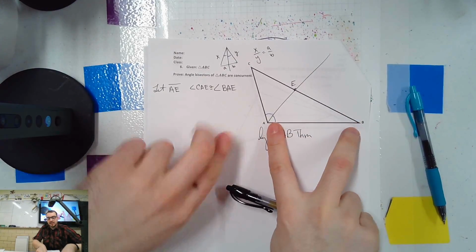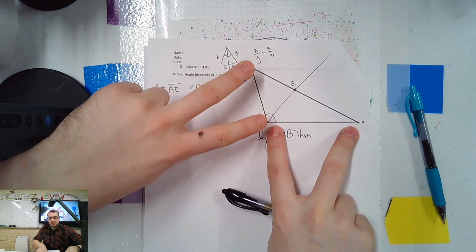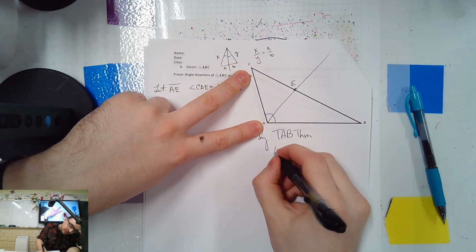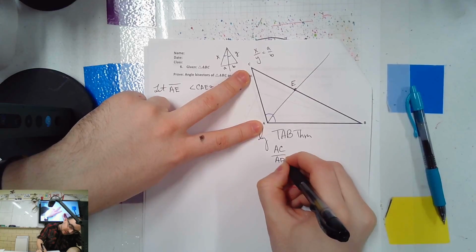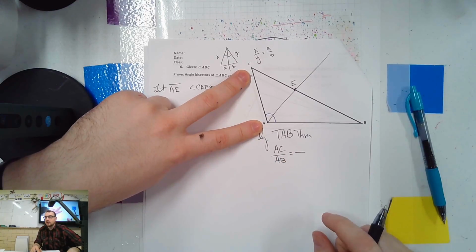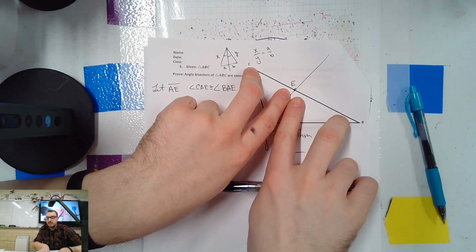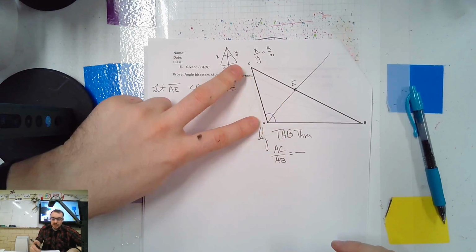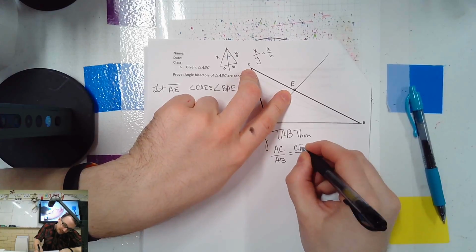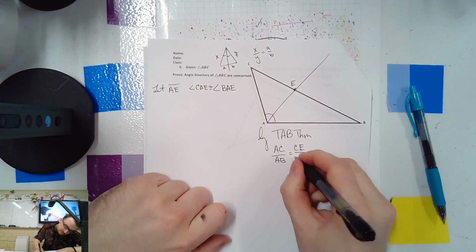The two sides that I cut are CA and AB. So I know AC over AB is going to equal, what are the bases that go with that? EC and EB, right? In that order, AC goes with CE and AB goes with BE.